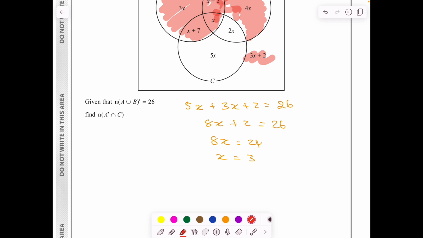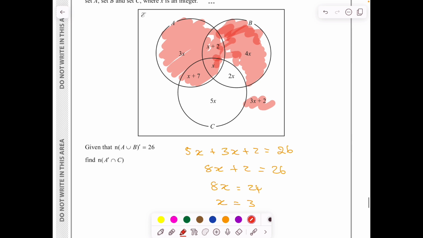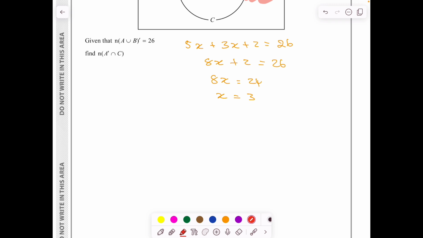So that's just C, not, sorry, it's also partially B and C, but there's not any A there. So here we've got 5x plus 2x, which is 7x. And we know what x is, so we can do 7 times 3, which equals 21. So we've worked that one out.